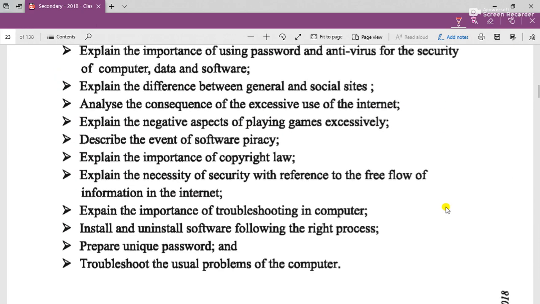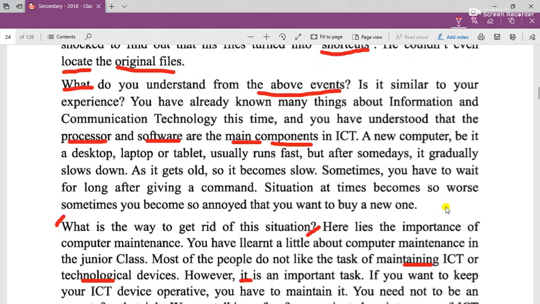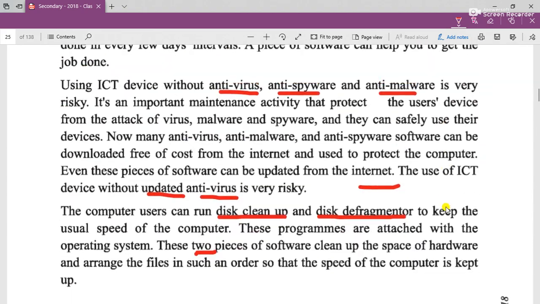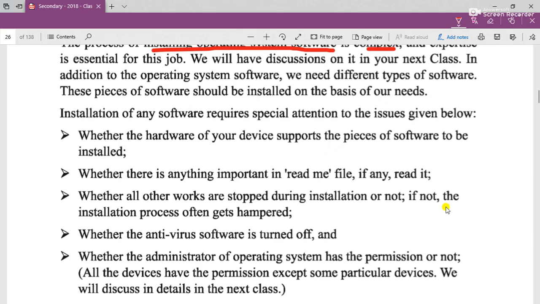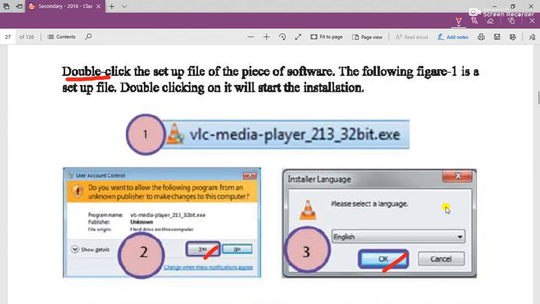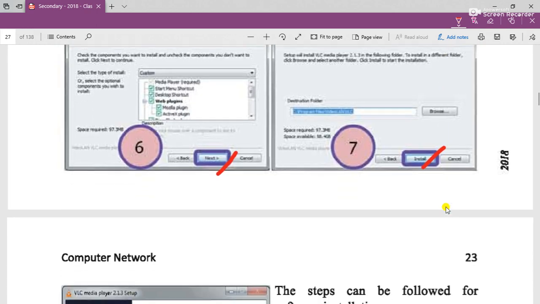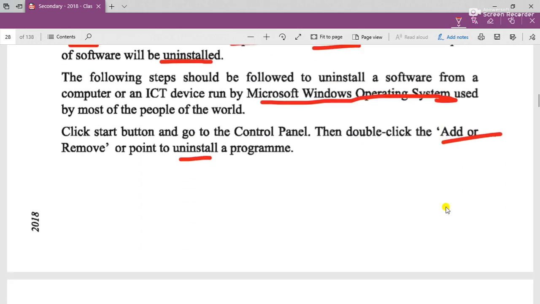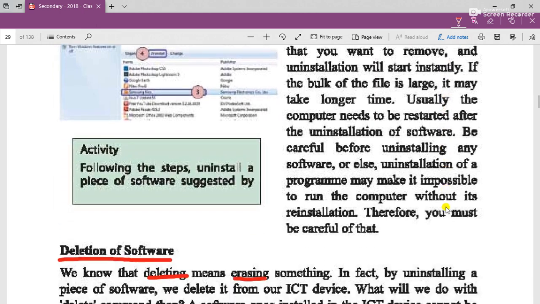We have already discussed the importance of software in the maintenance of computer, some important lines for the MCQ. We have discussed installation of software and the procedure of installation of software, and also the process of uninstallation of software and some important lines for the MCQ.